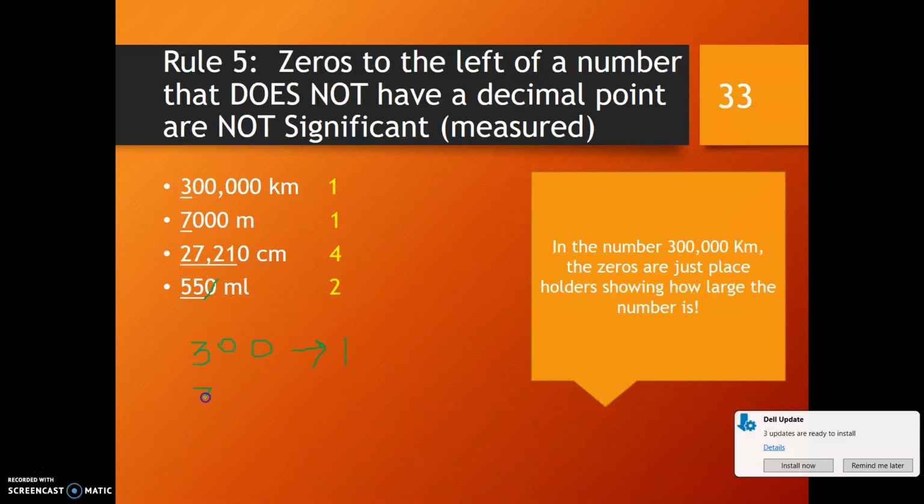But if the number is 300.0, the only reason that 0 would be on there is if the measurement scale was down to a tenths place. So this all of a sudden makes these zeros significant because of the previous rule. So this number would actually have 4 significant figures. The 3 and all of the zeros are considered significant.